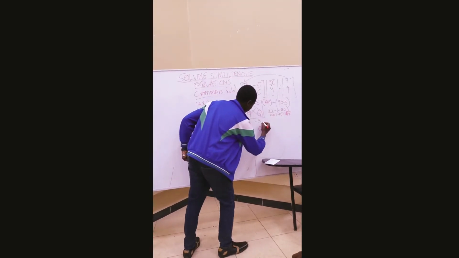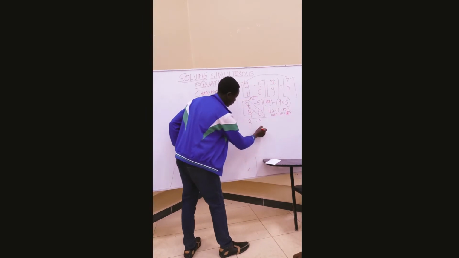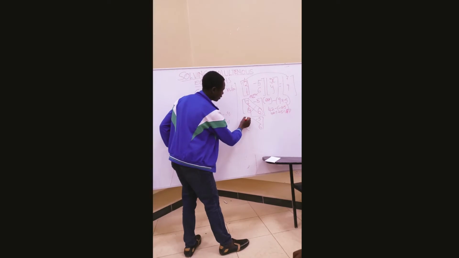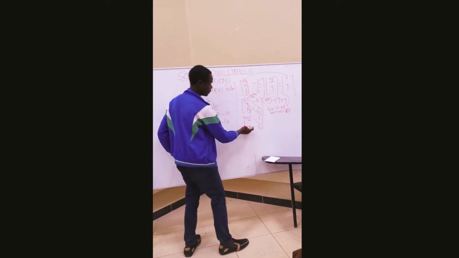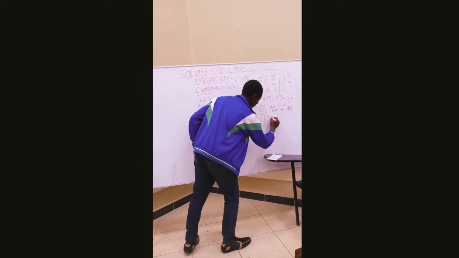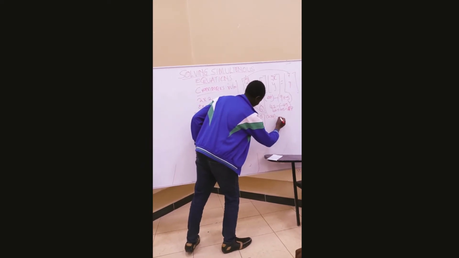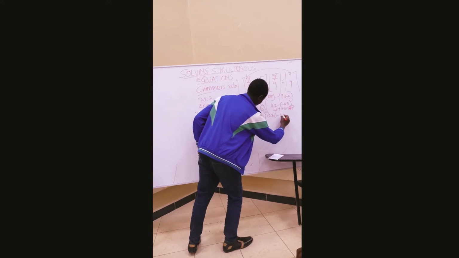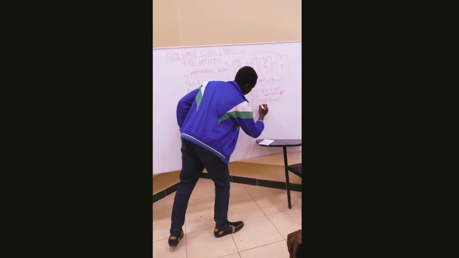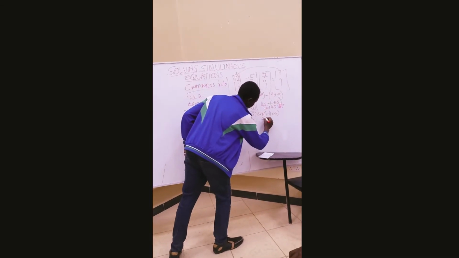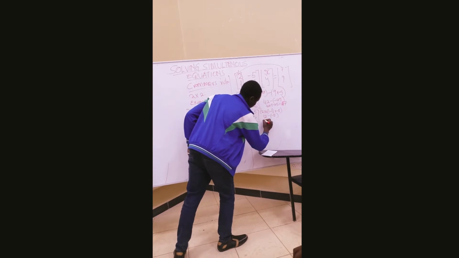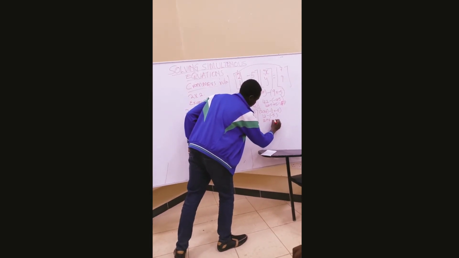As always, it is the product of the primary diagonal minus the product of the secondary diagonal, which will be 2 multiplied by 6 minus 1 multiplied by negative 5, which is 12 minus negative 5. This will be 12 plus 5, which is 17.